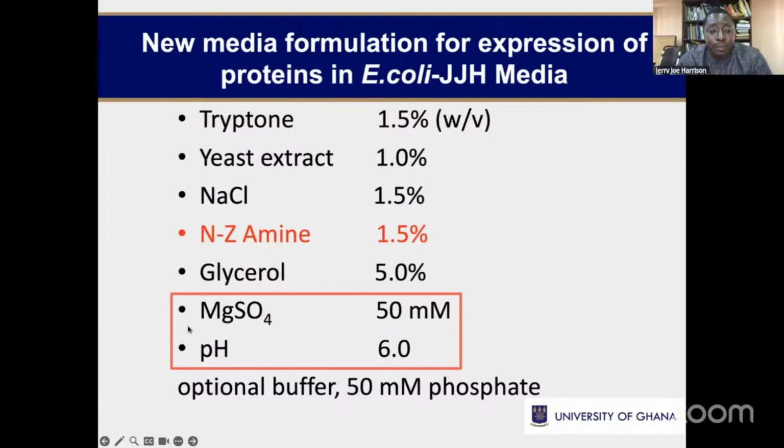We found out that having magnesium at least 50 millimolar and pH at 6 really reduced the proteolytic processing of our protein in E. coli. We had the option of even adding a phosphate buffer, and the protein was still fine. But we needed magnesium at least 50 millimolar and a pH of around 6.